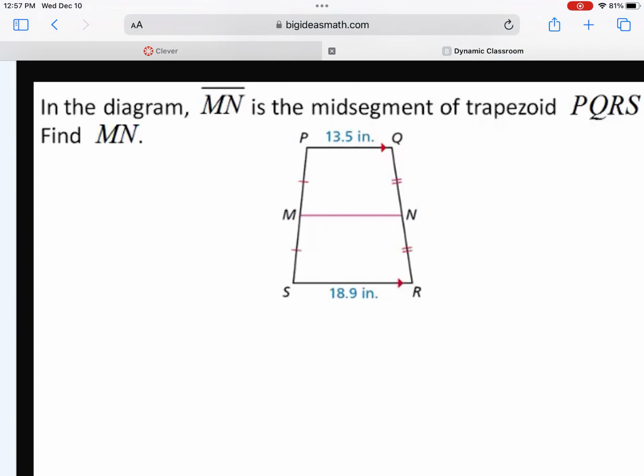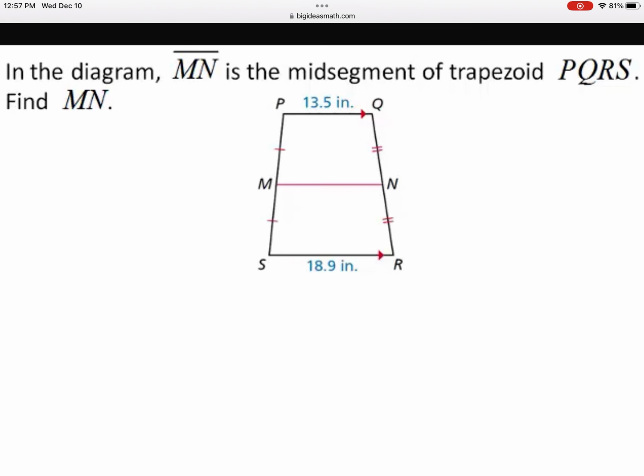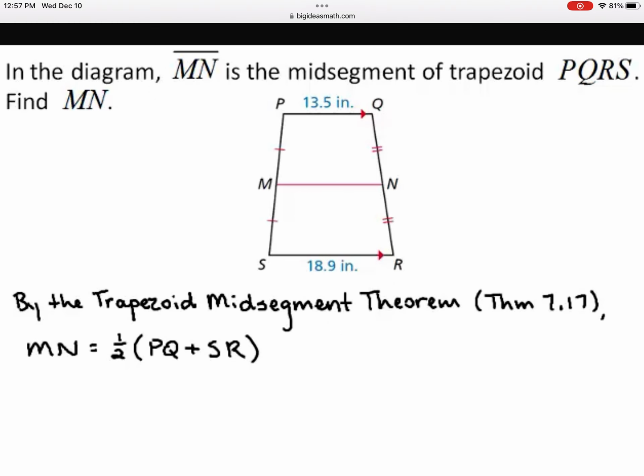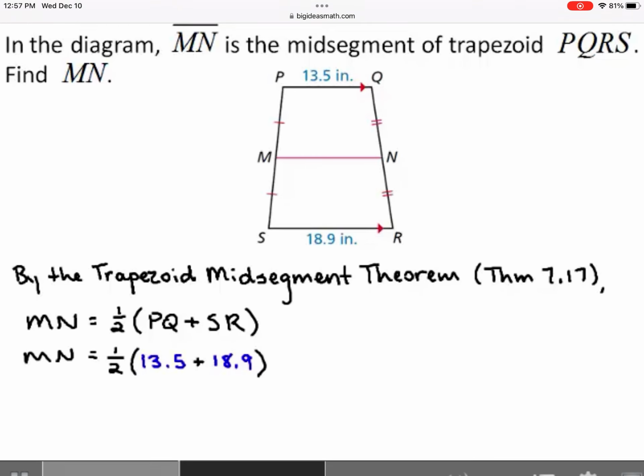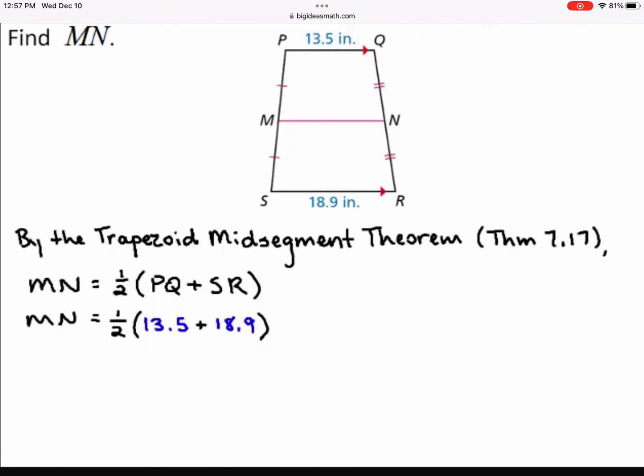In the diagram, line segment MN is the midsegment of trapezoid PQRS. Find MN. By the trapezoid midsegment theorem, MN equals 1/2 times the quantity PQ plus SR. Substituting in the known values for PQ and SR gives MN equals 1/2 times the quantity 13 and 5/10 plus 18 and 9/10.